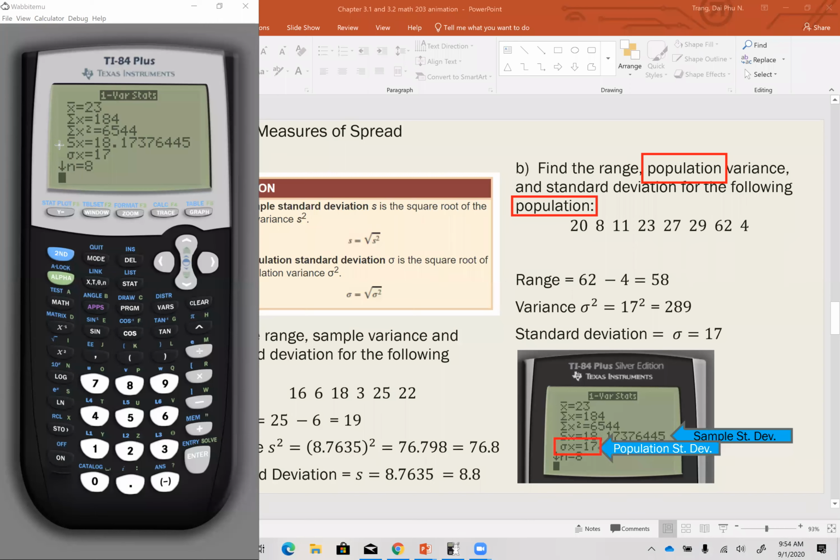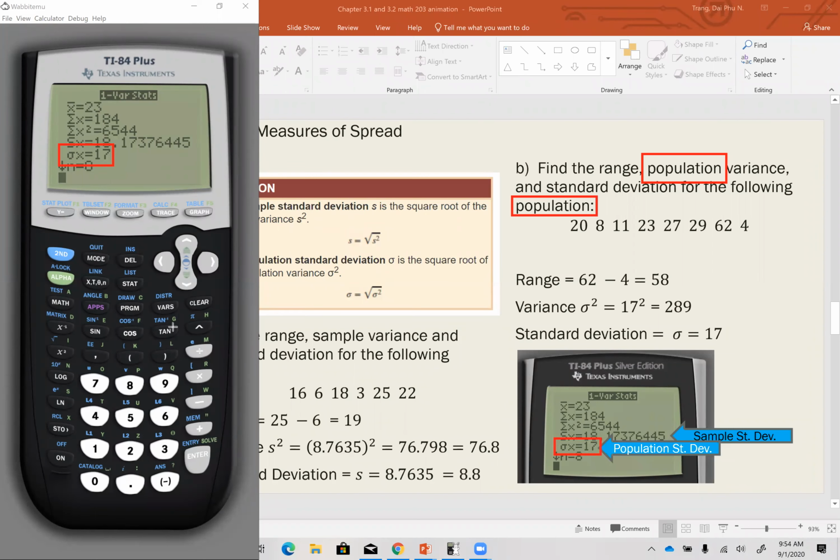Everybody see that here. And that's the challenge that you need to overcome. Do not be careless and just use any number you have. Make sure that if your problem deals with population, you use your population notation. If your data deals with sample, you use your sample notation.